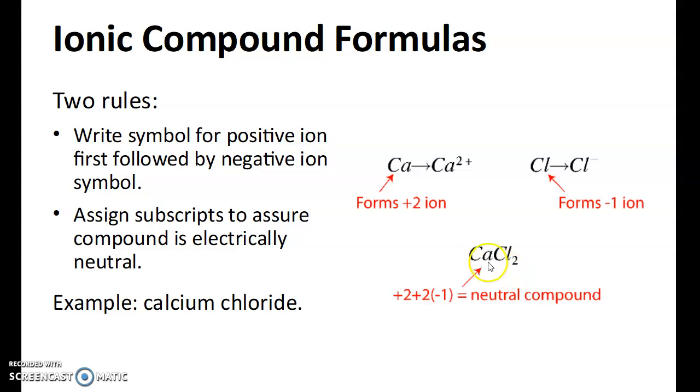So you make certain that they are equal electronically by this subscript down here. When you're doing your equations, do not change the subscripts. That changes the ionic species. So calcium chloride is CaCl2. And it is a neutral compound containing 1 calcium ion with a +2 charge and 2 chloride ions, each with a -1 charge.